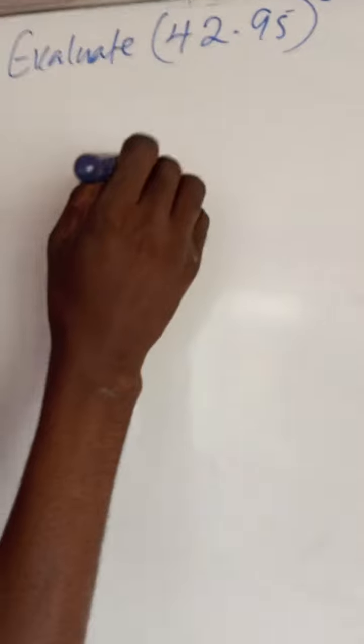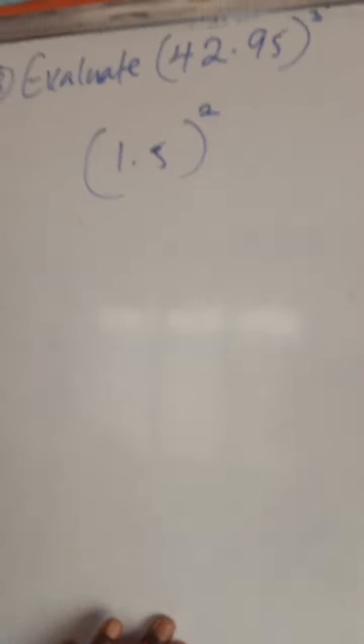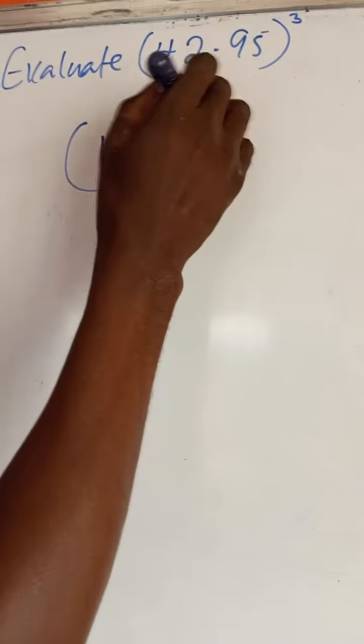The third example is centered on where you are given a number with a power, maybe 1.5 squared, and they ask you to evaluate without using tables, or you are given a cube or something raised to power 4.